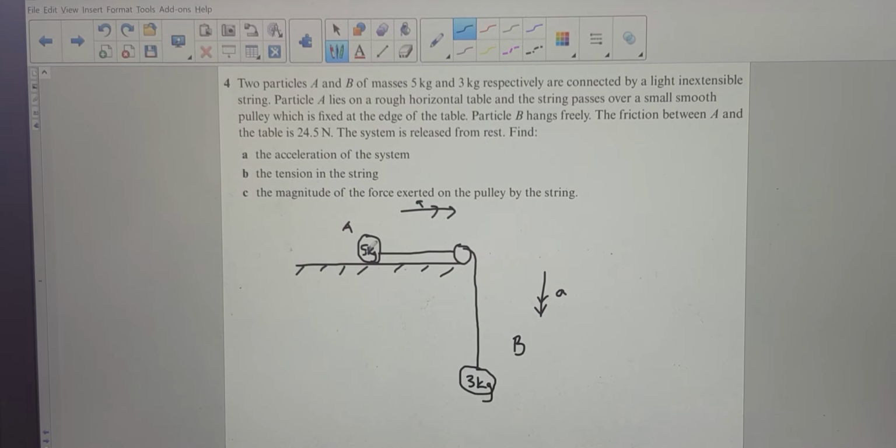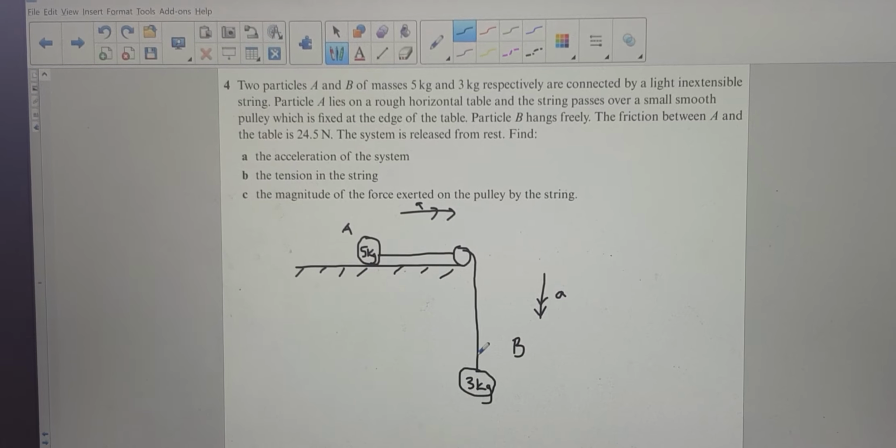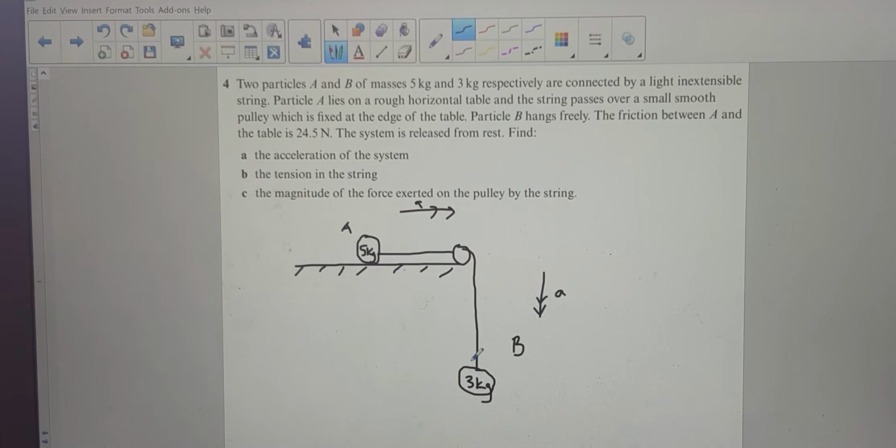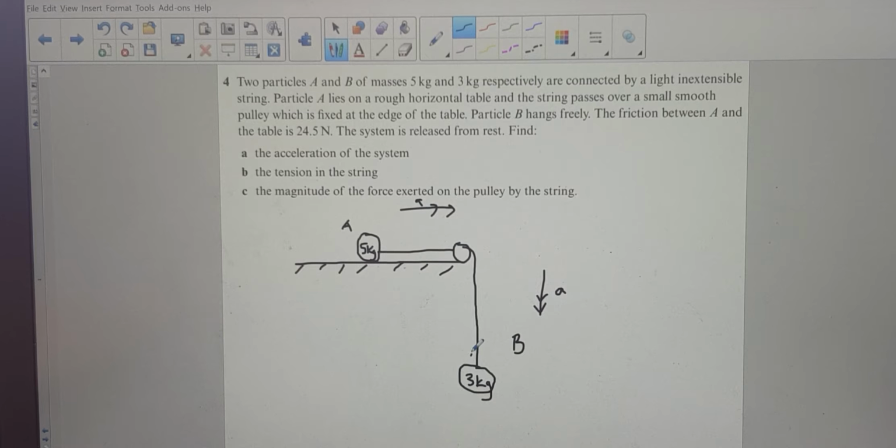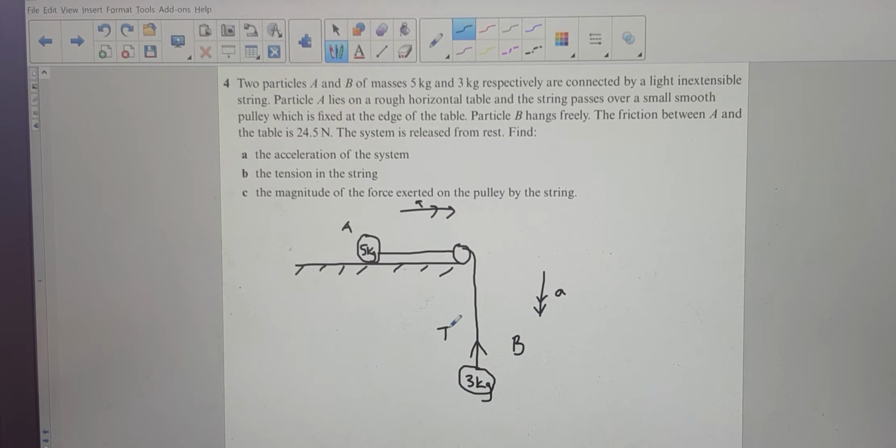Okay, right. So let's have a think about what's going on. I'm always going to label my tensions first. So my tension is going to act against this because that's the thing that's going to be slowing it down. Then this tension is going to be acting on the pulley. This tension is also acting on the pulley. And this tension is the one that's going to be pulling this particle along.